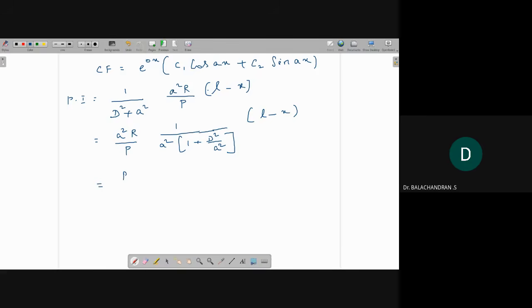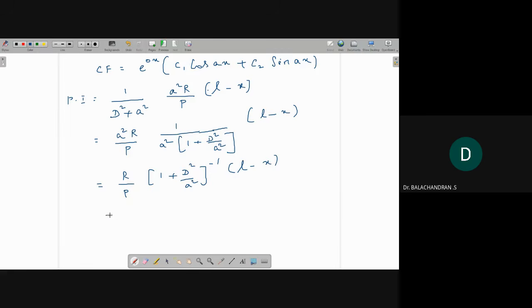You'll get R by P into 1 plus D square by a square whole power minus 1 into L minus x.